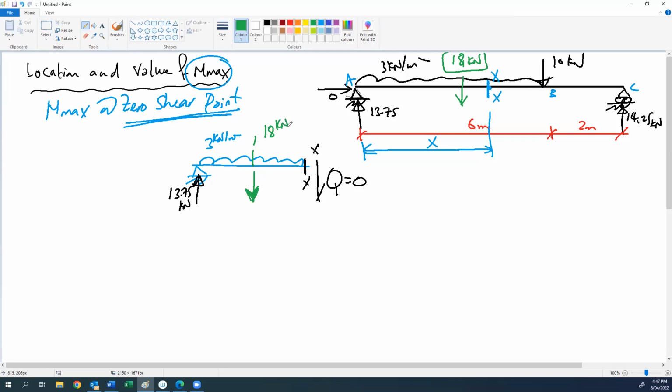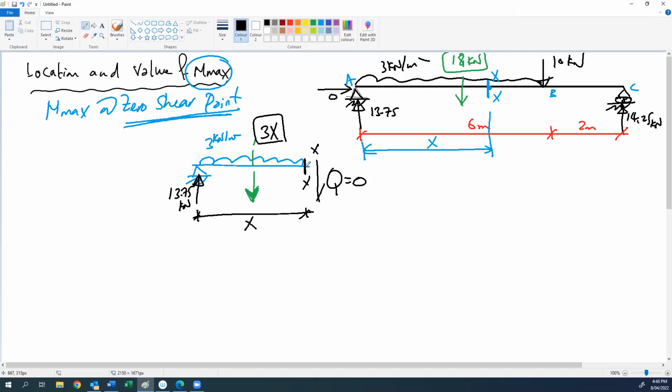Is this 18 correct? No, we said before, this is the wrong thing you can fall into. This distance is X, so the load value is 3X.